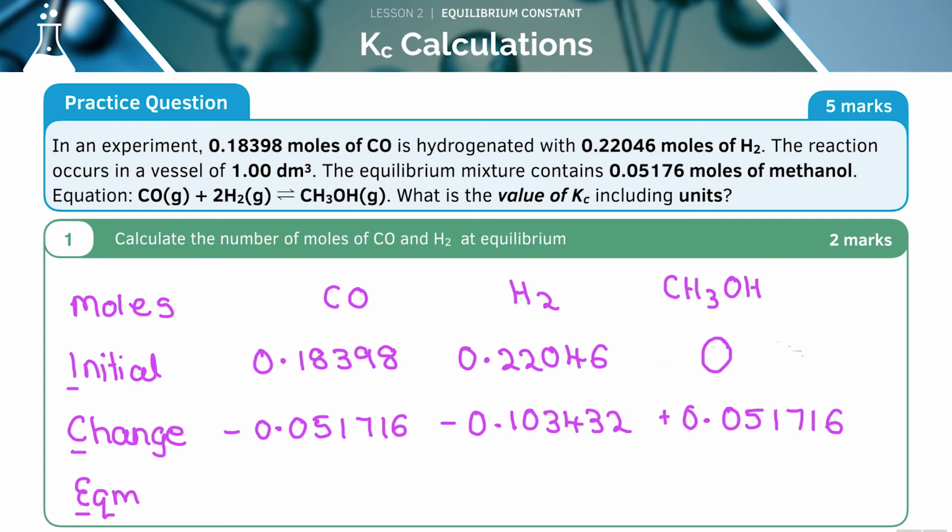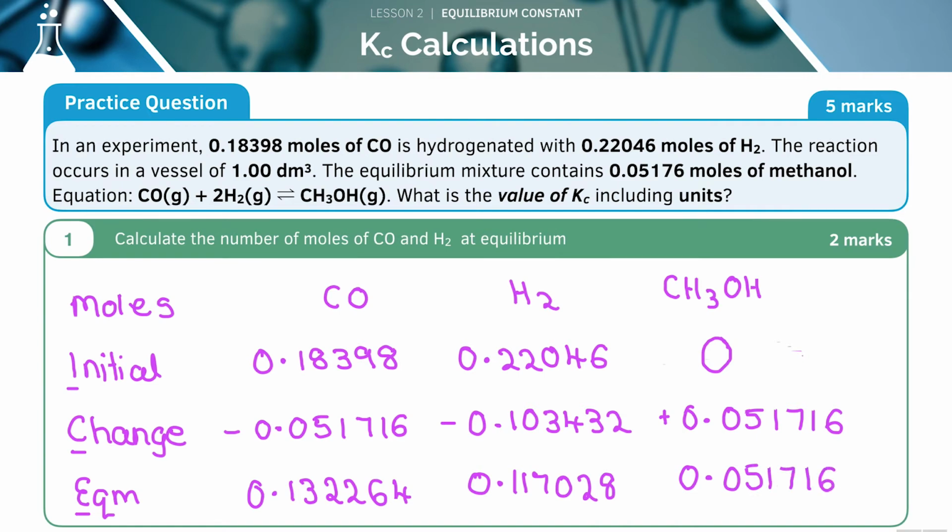Now we can calculate our moles at equilibrium. This will be 0.132264, H2 will be 0.117028, and CH3OH will be 0.051716.